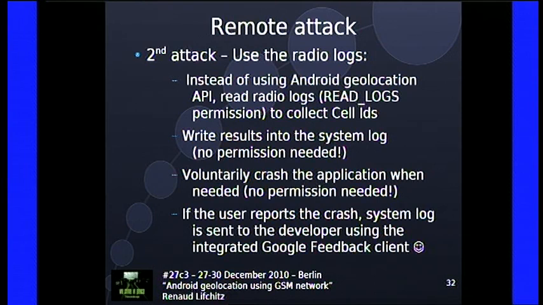The second attack is much more sophisticated and is based on radio logs. Instead of using the Android geolocation API, you only read radio logs, so you don't need any location permission. You just need the READ_LOGS permission.